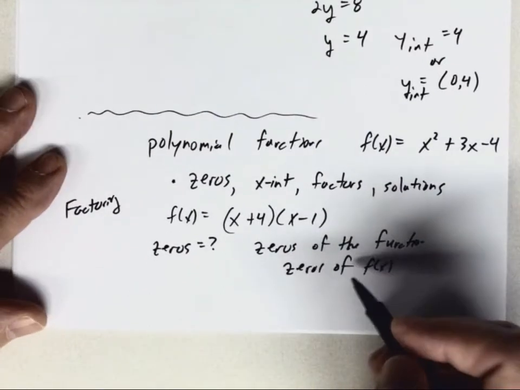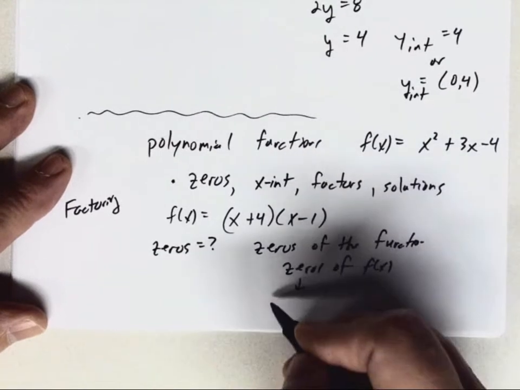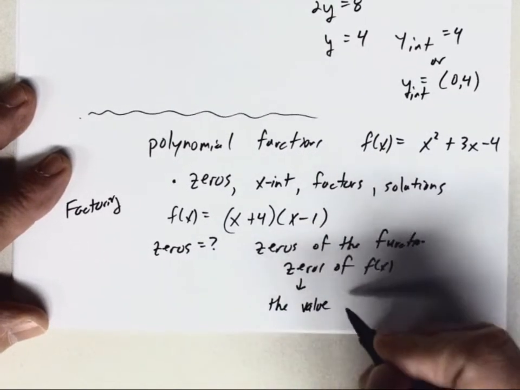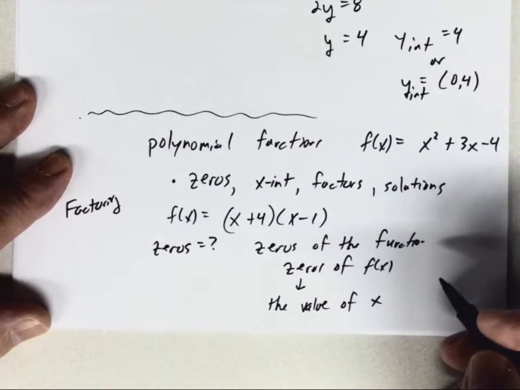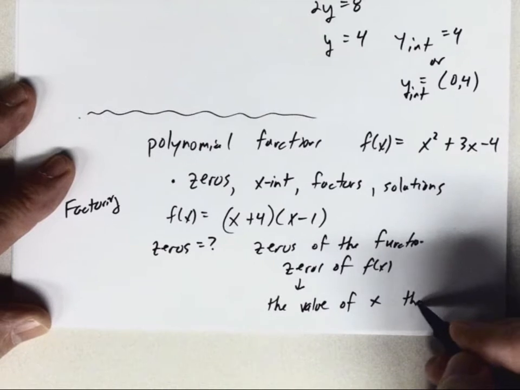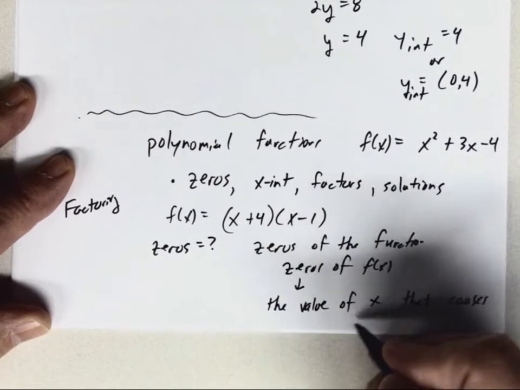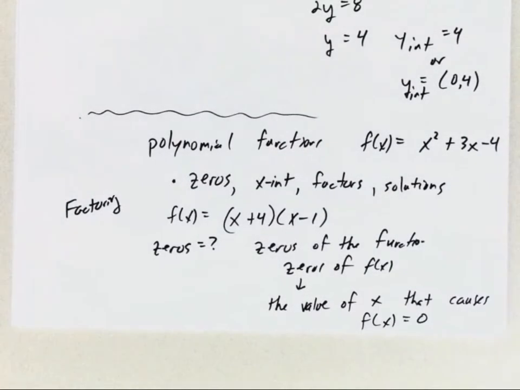Basically, a zero is the value of x that causes the whole function to equal 0.